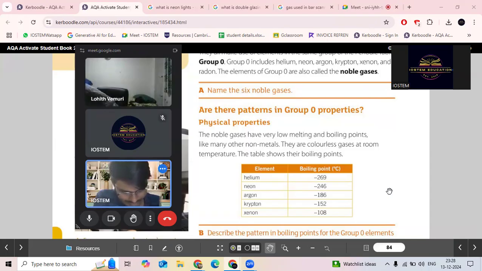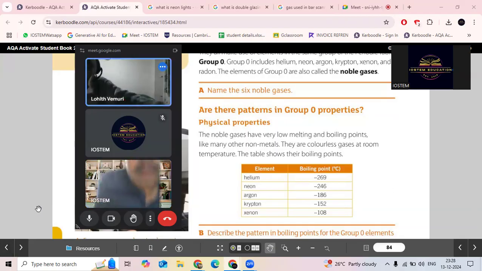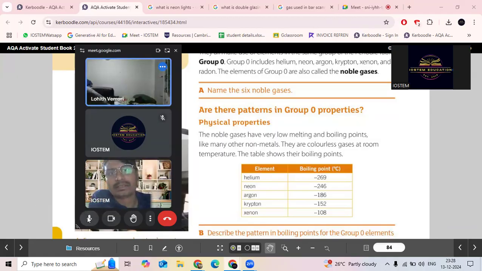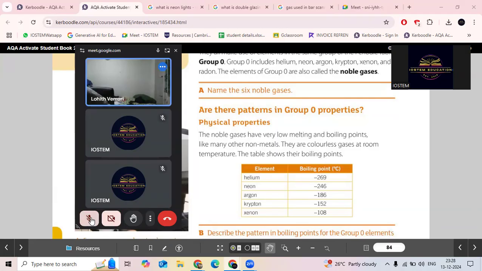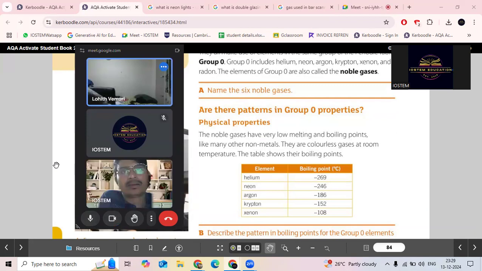Yes, from top to bottom, it is increasing.